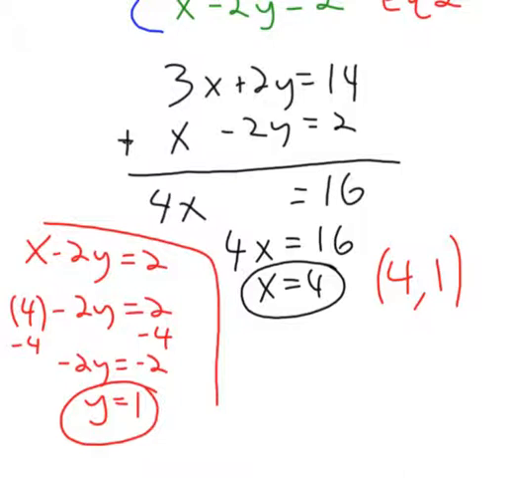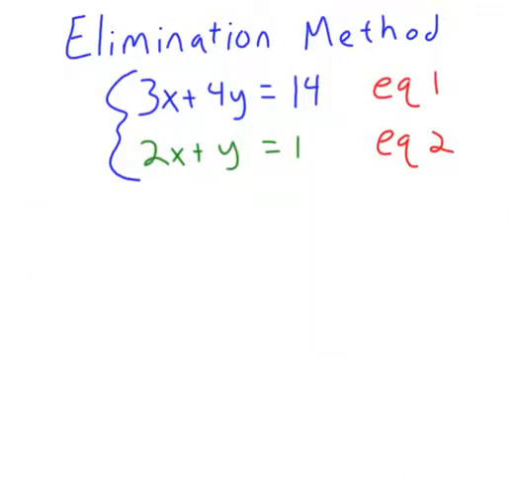Now, that is a very simple application of it. Let's try it with something like this: 3x plus 4y equals 14, and 2x plus y equals 1. If you look at these right away, you recognize there aren't any opposites. But there could be. We can adjust the terms to get opposites if we take an equation and multiply it through.